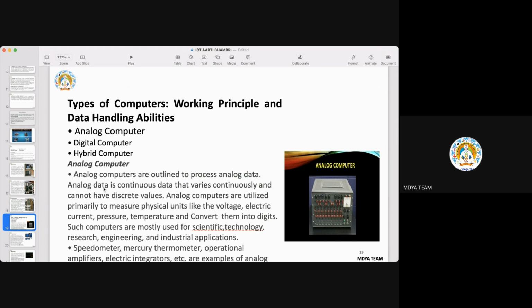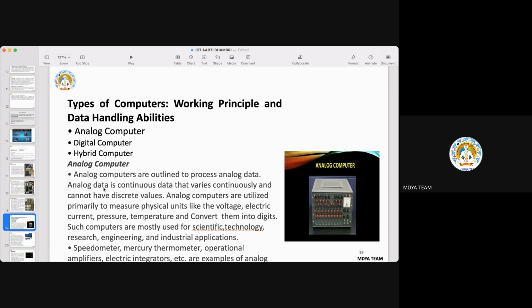Working principle means how they process the data, in what form they take input and what form they give you the output, which type of signal they are processing, and the nature of the signal flowing inside the computer. Based on data handling capabilities, they are of three types: analog, digital, and hybrid.